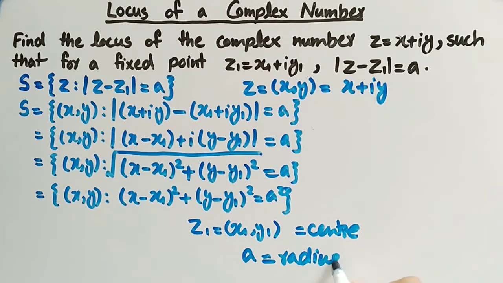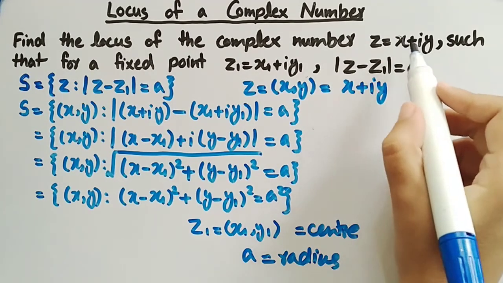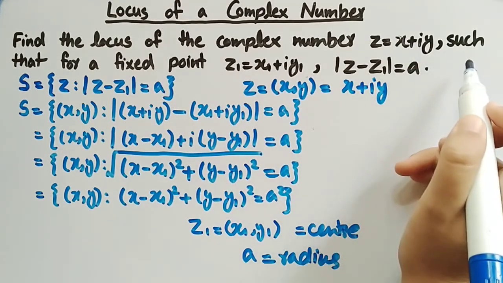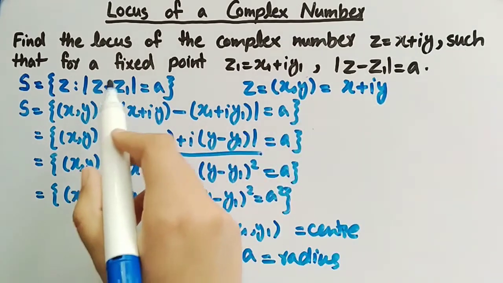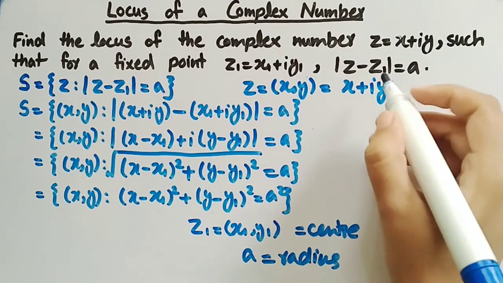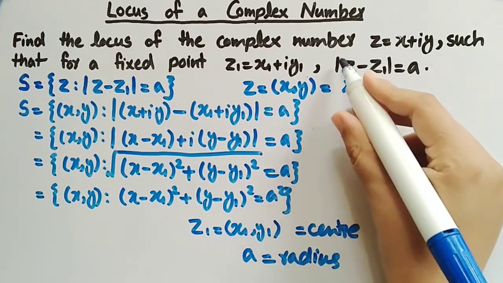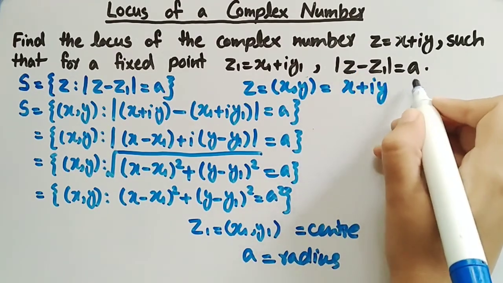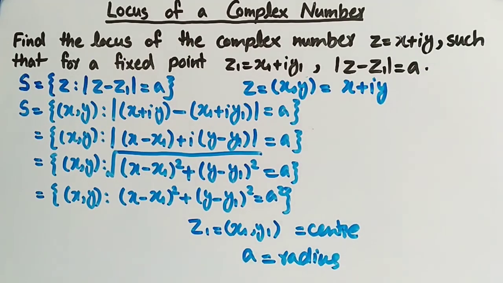So this is the required locus of the complex number z = x + iy such that, for a fixed point z1 = x1 + iy1, it satisfies the condition that mod of z minus z1 is equal to a. This is the required answer.